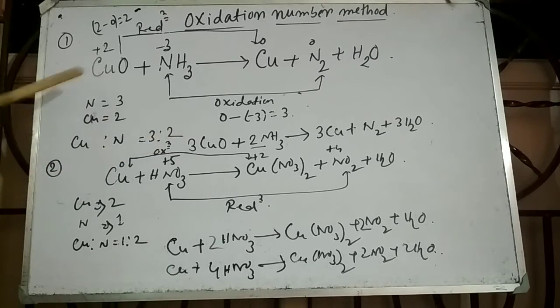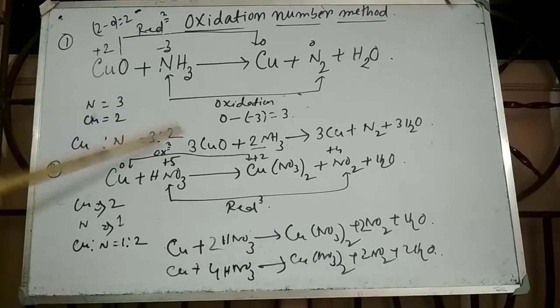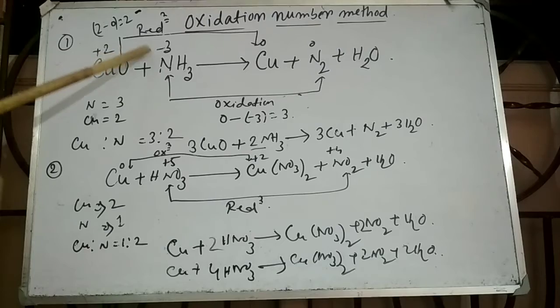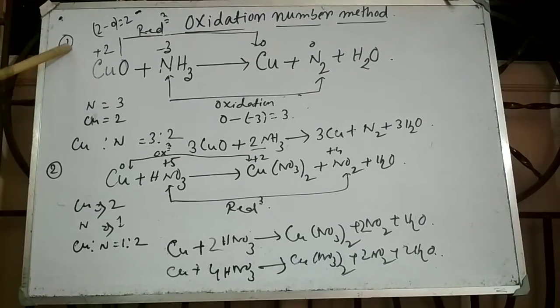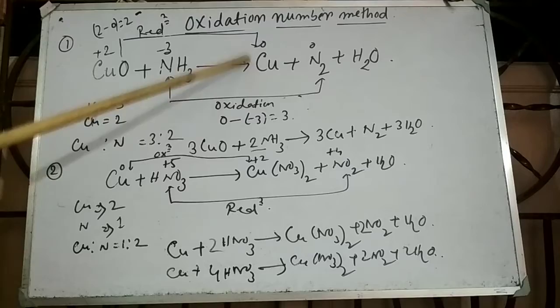That is the reciprocal for nitrogen and copper, that is 3:2. This 3:2 value we put in this equation. That is here the 3 and here the 2, and same on the product side, the 3 and 2.